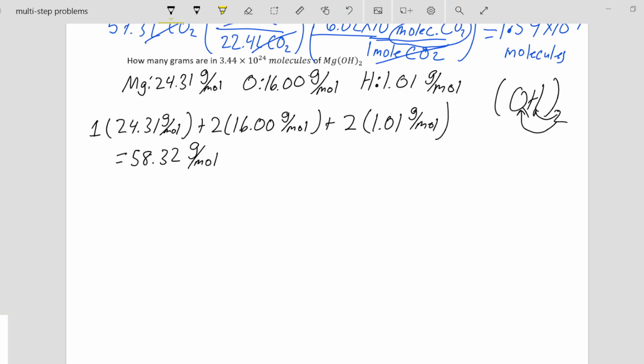Okay, the next thing that I need to do is start off by converting. So we are starting off in FU island and we need to go to mole island.